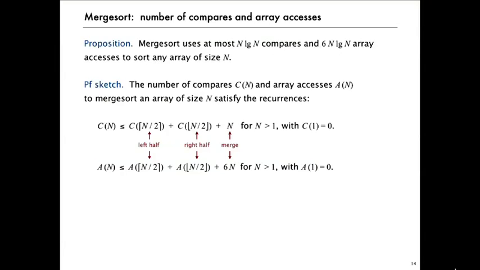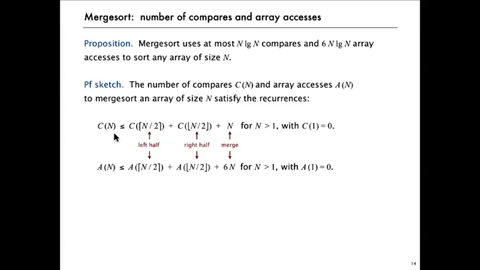And the way to prove this proposition is, from examining the code, to write down what's called a recurrence relation. And all that is, it's a mathematical reflection of what's going on in the code. If we're sorting n items, then let C of n denote the number of compares that we need to sort the n items.